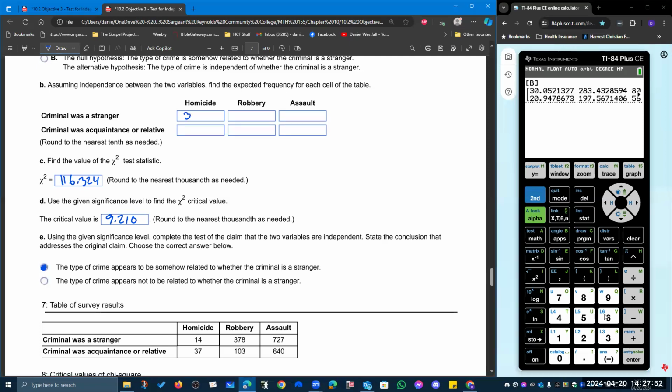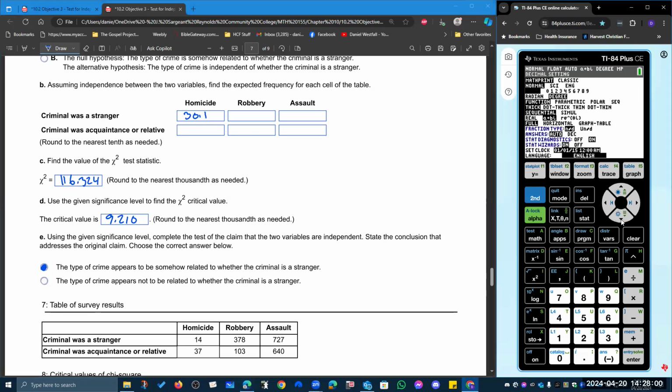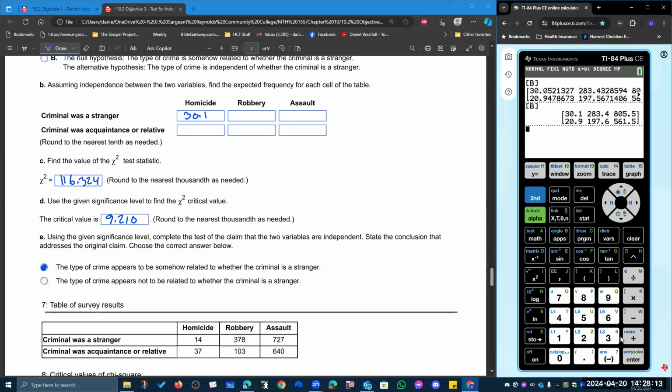So 30.1, 283.4, 805.5, 20.9, 197.6, 561.5.